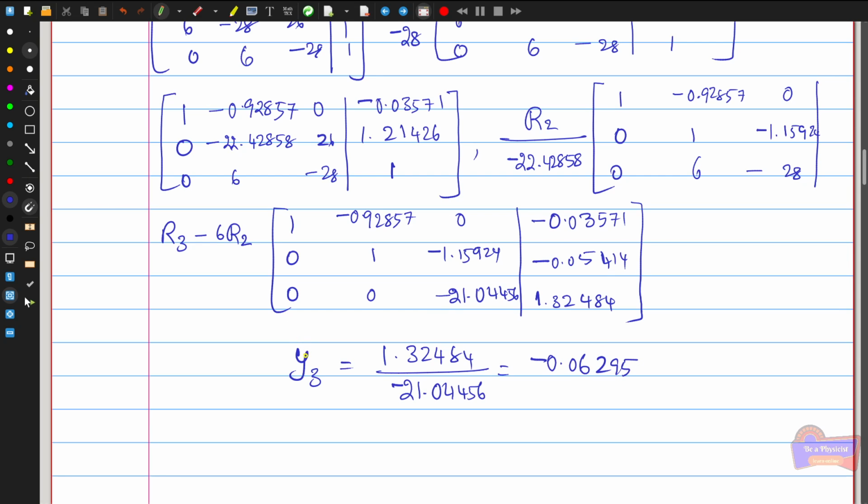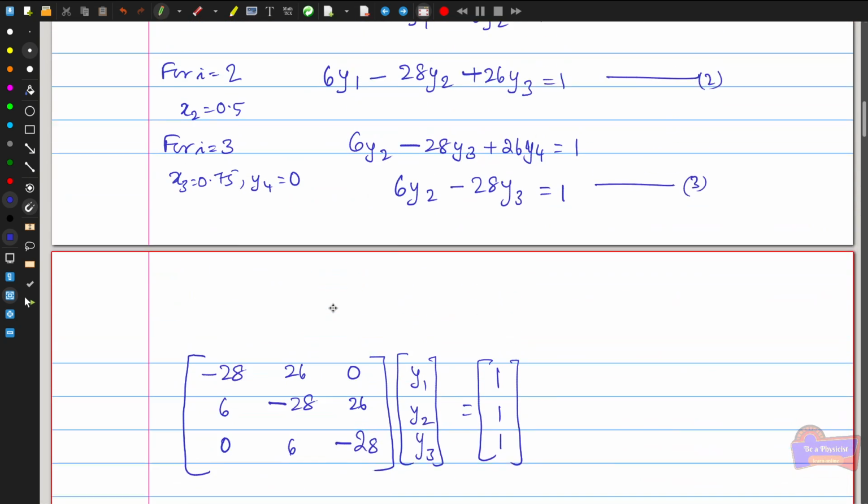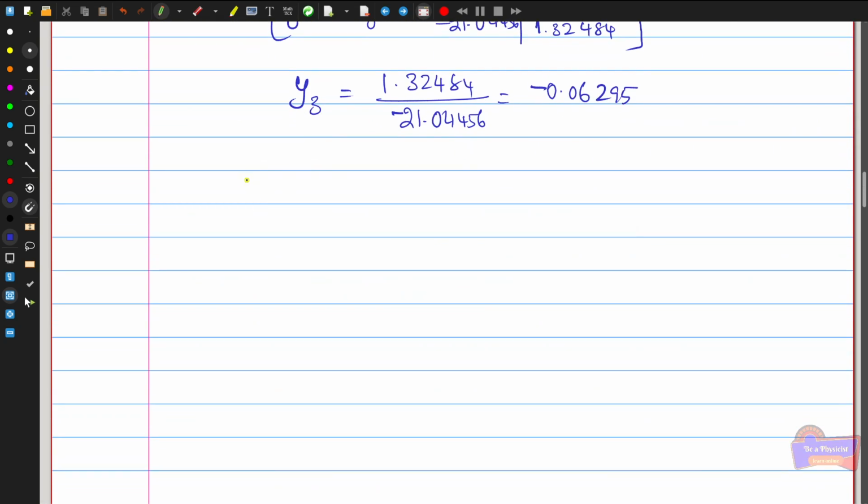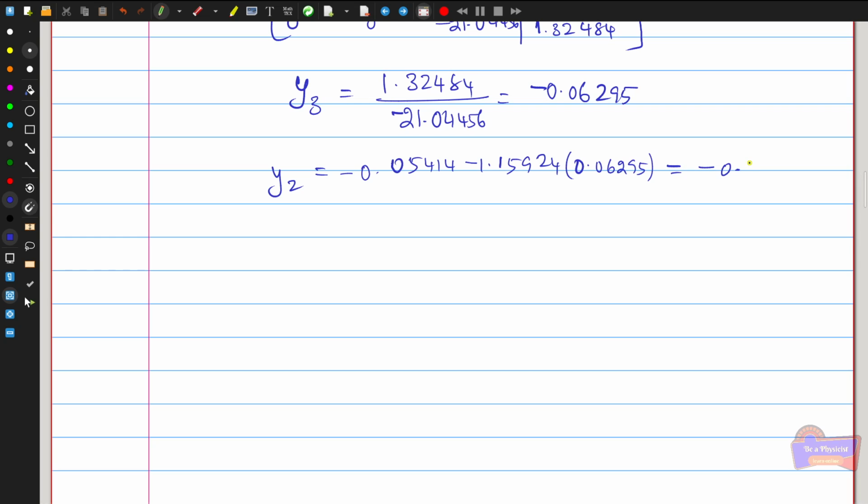If I substitute the y3 value in any one of these equations, I can get the value of y2, which is equal to minus 0.05414 minus 1.15924 times 0.06295, which is equal to minus 0.12711.